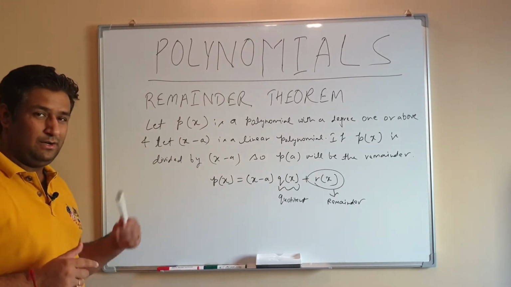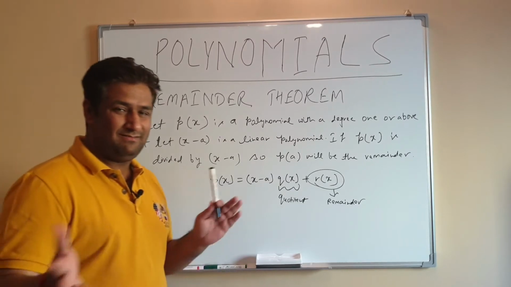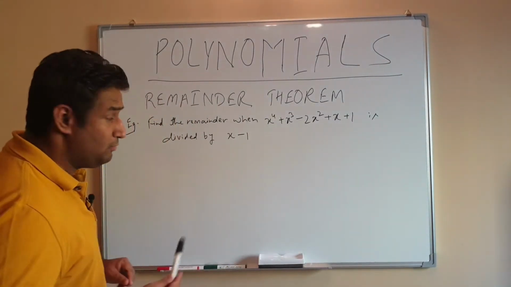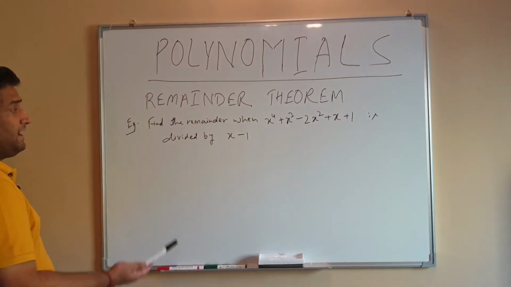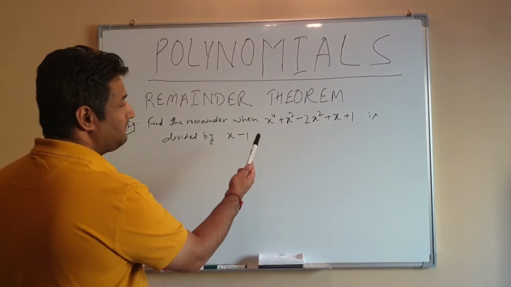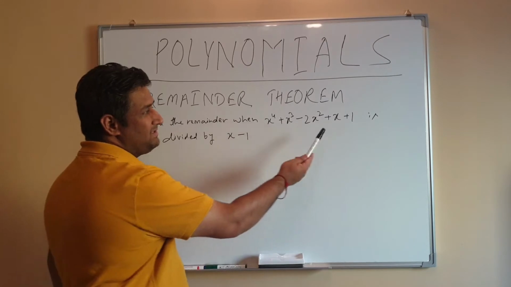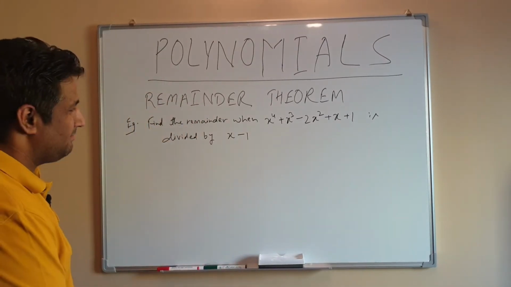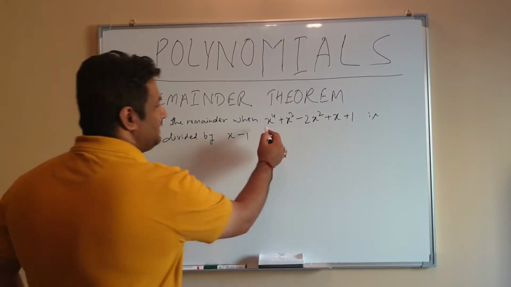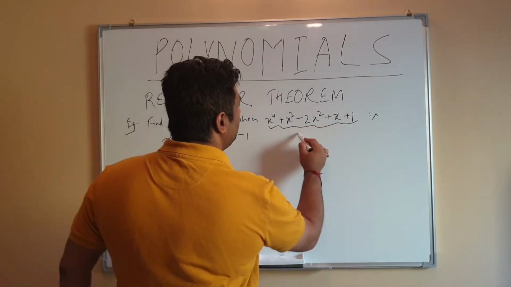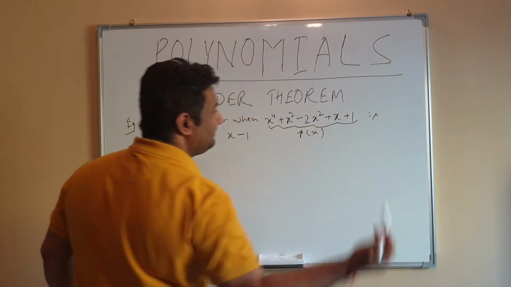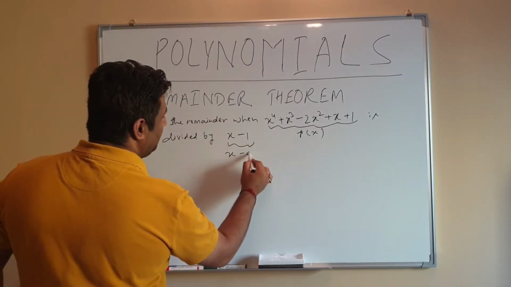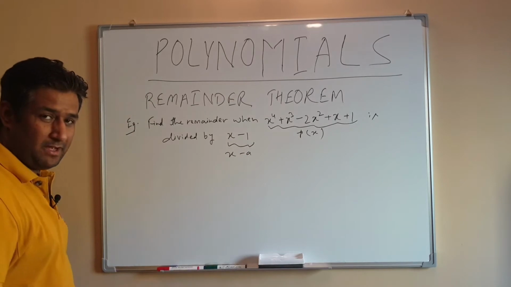Now we'll do some examples and I'll help you understand in a mathematical way how it happens. So let's do an example. The example we have is: find the remainder when x^4 + x^3 - 2x^2 + x + 1 is divided by x minus 1. So basically this is our P(x), and this term is our x minus a, correct?